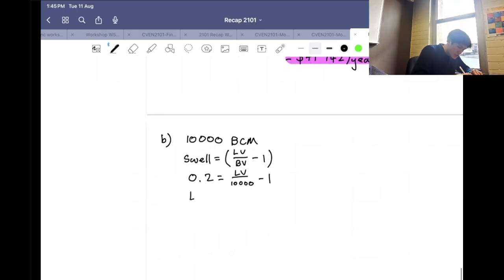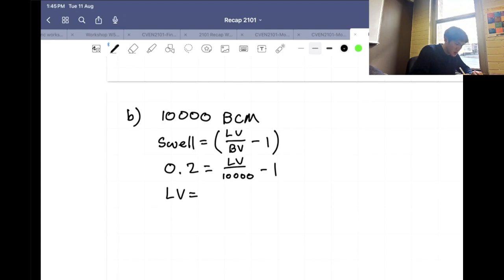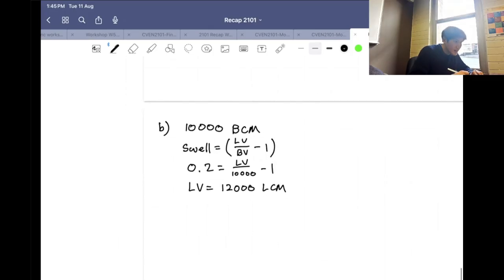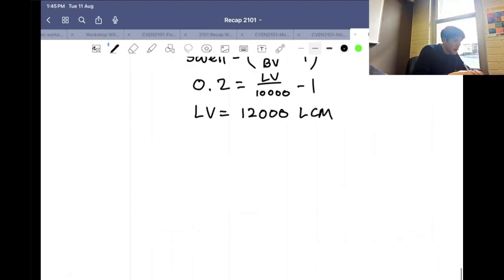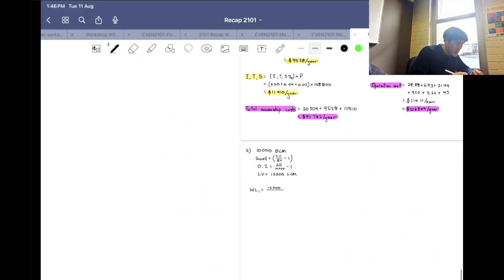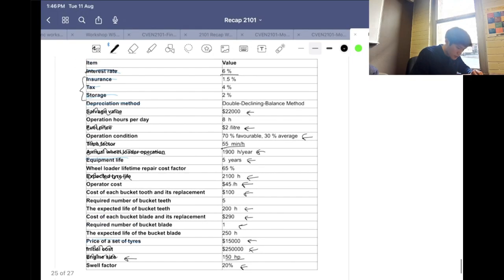Rearrange it to find your loose volume, which is 12,000 LCM. So now you have all the dirt in LCM.